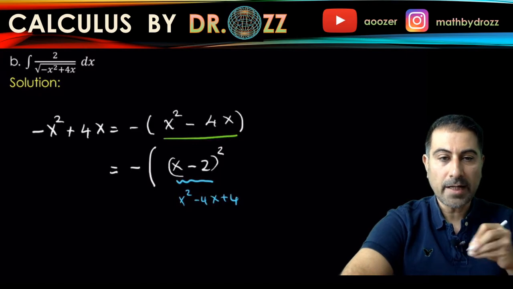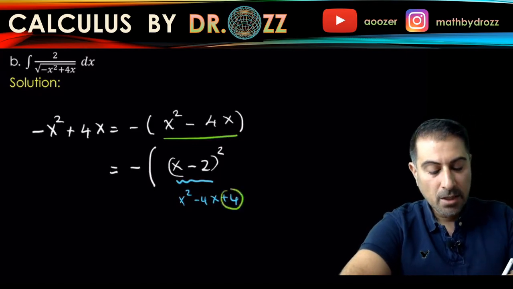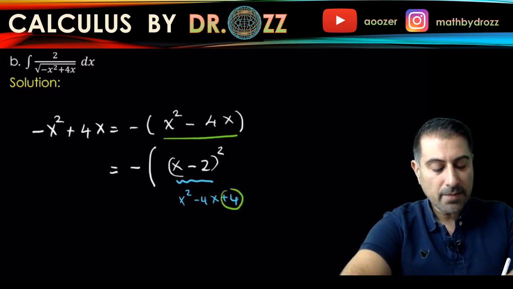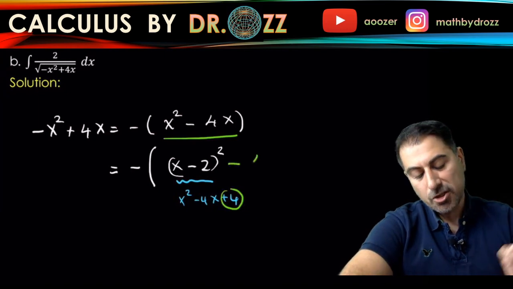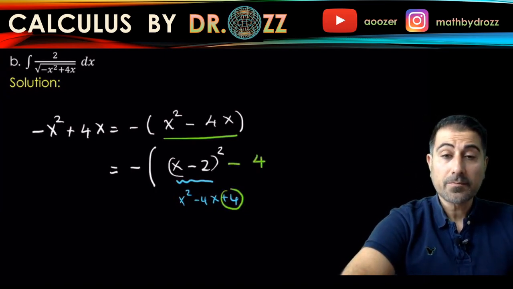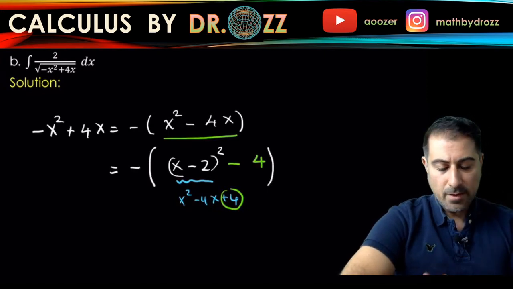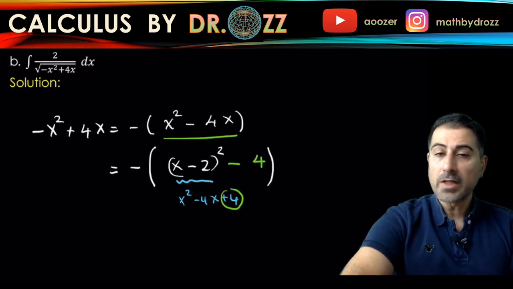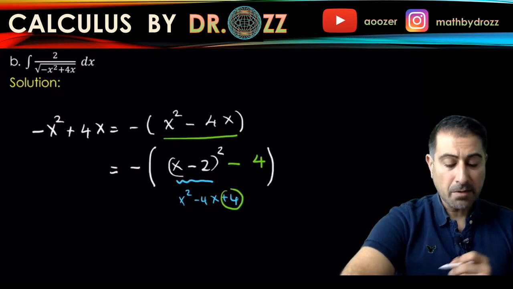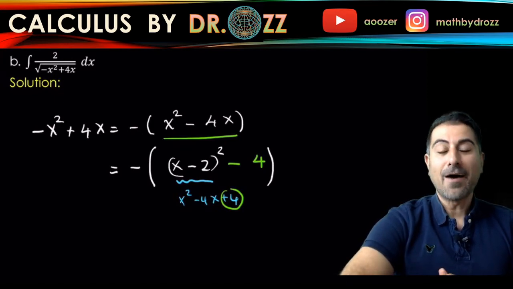So this extra 4 should be compensated here. So I should subtract that 4 and finish up completing the square. This is my way of handling it, and you can use different ways, different formulas if you want to, as long as you get to the final form. I'm completely fine with that.